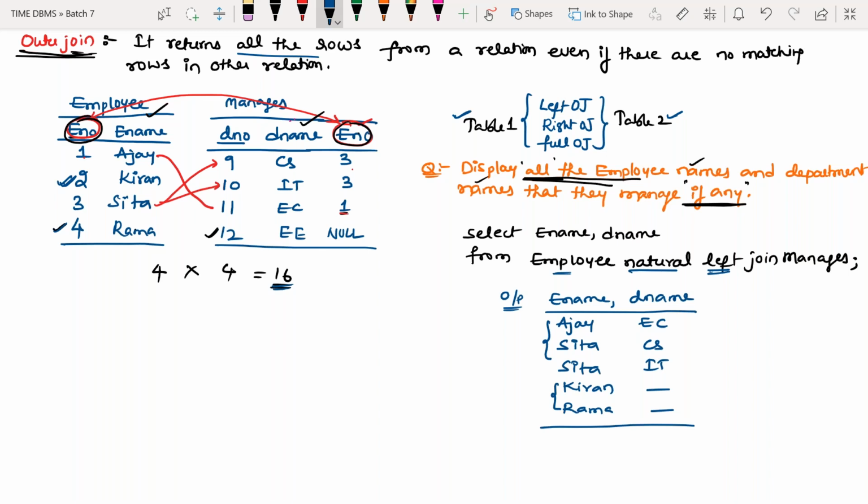And if I wanted non-matching rows of both sides, the employee table as well as the managers table, in such cases we have to use full join. Left join, right join, full join, depending on what tuples you want in the output. That matching and non-matching you decide. So this is outer join.